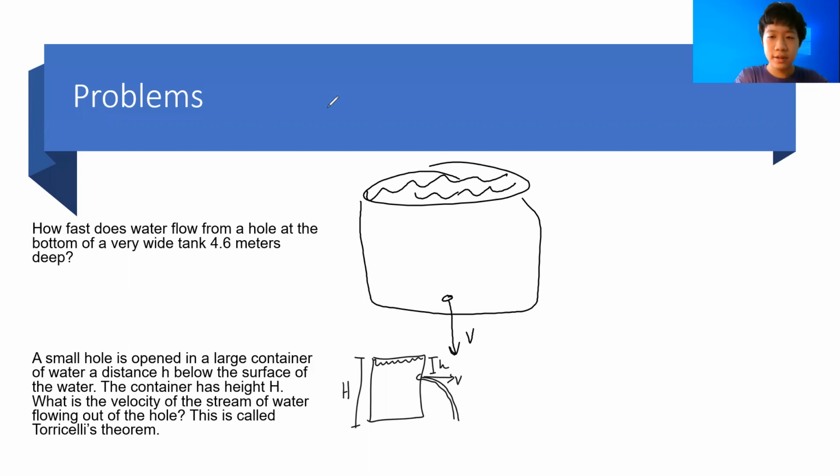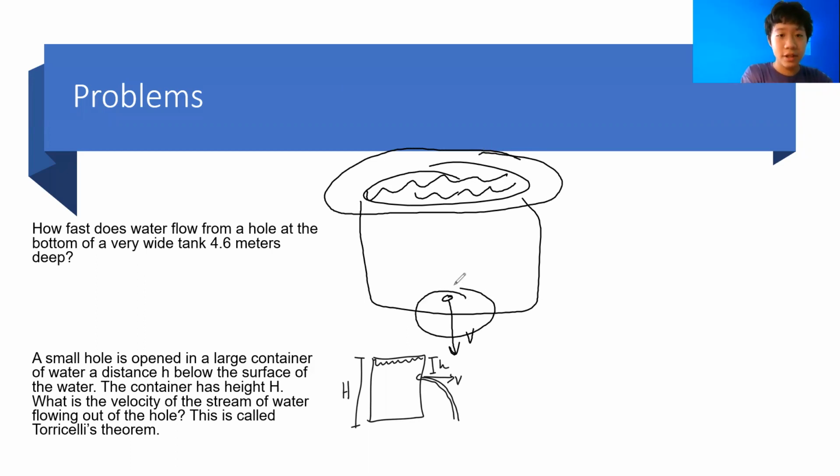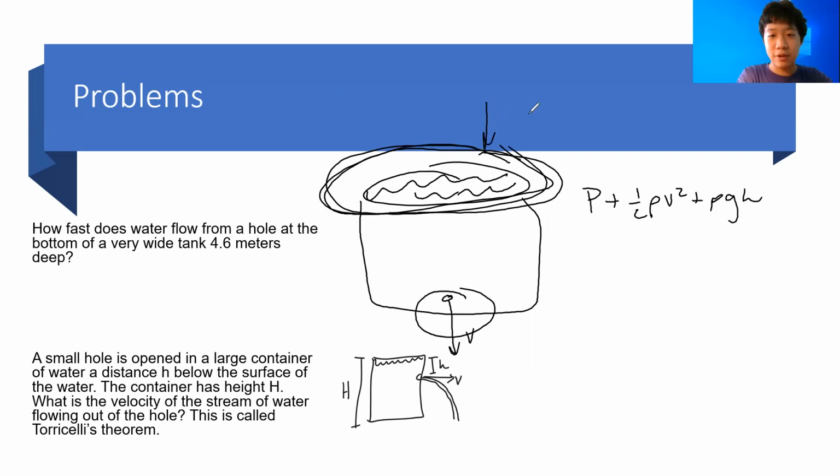For this situation, we can use Bernoulli's equation between this region of water at the top and the bottom region of water. If we apply Bernoulli's equation to the top region, this means the pressure plus 1/2 rho v squared plus rho gh. So what's the pressure right here on the top? Well, the only pressure is atmospheric pressure, so we're going to write P atm.